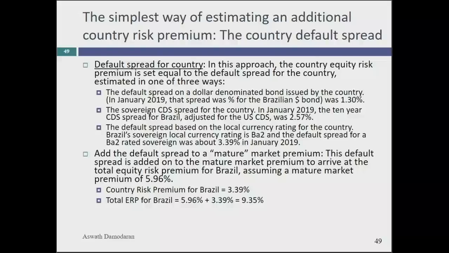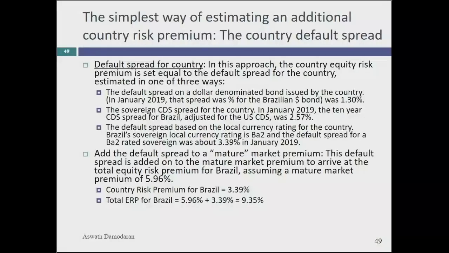So assuming I have a base premium for the US, that's a big assumption, but let's say I can use 90 years of data for the US and come up with 5.96%, or 150 years and come up with 5. I'm going to add the default spread. For Brazil, for instance, the default spread we got by looking at its rating was 3.39%.